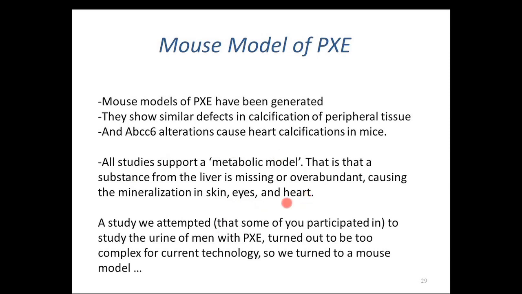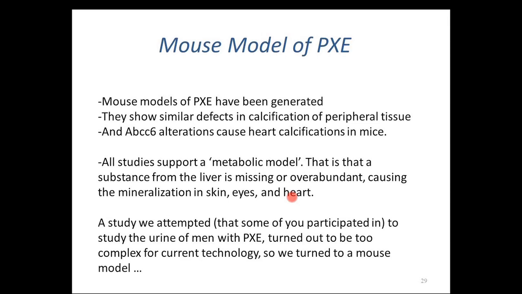And this is actually supported by some other experiments. There have been some interesting cases where an individual needed a liver transplant, received a liver that happened to be from an individual that had PXE, that didn't know it at the time that person died. They died of some other condition and their liver was donated.